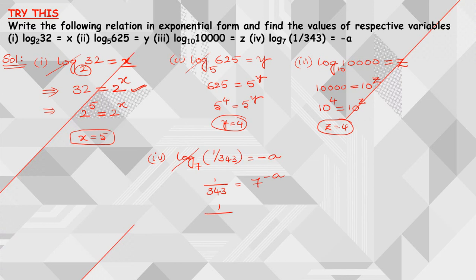So this 1 by 343 I can write as 1 by 7 cube, which is equal to 1 by 7 raised to the power of minus a, which is nothing but 1 by 7 power a. So when I do cross multiplication, I can write 7 power a is equal to 7 power 3. So clearly a is equal to 3 from this, right?